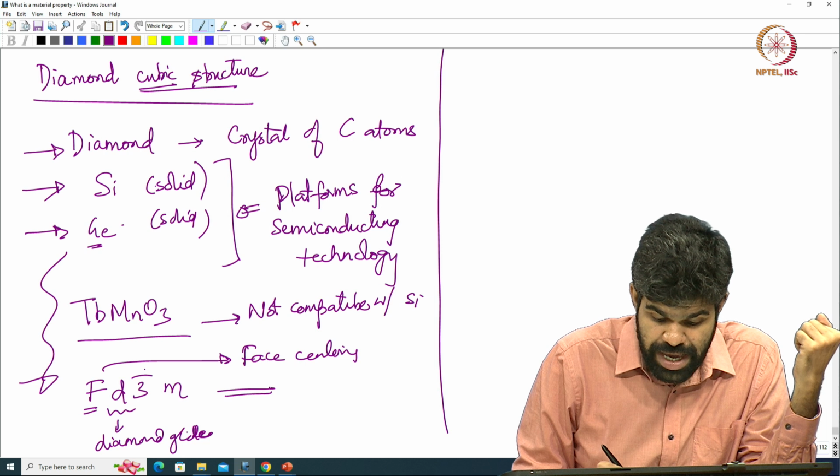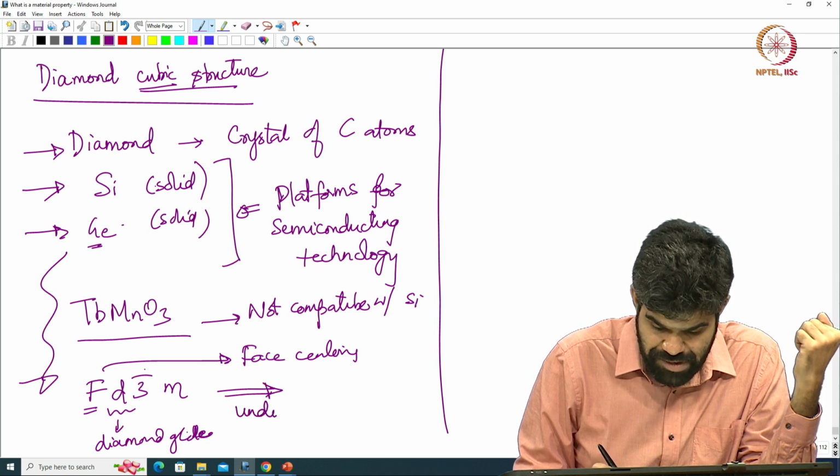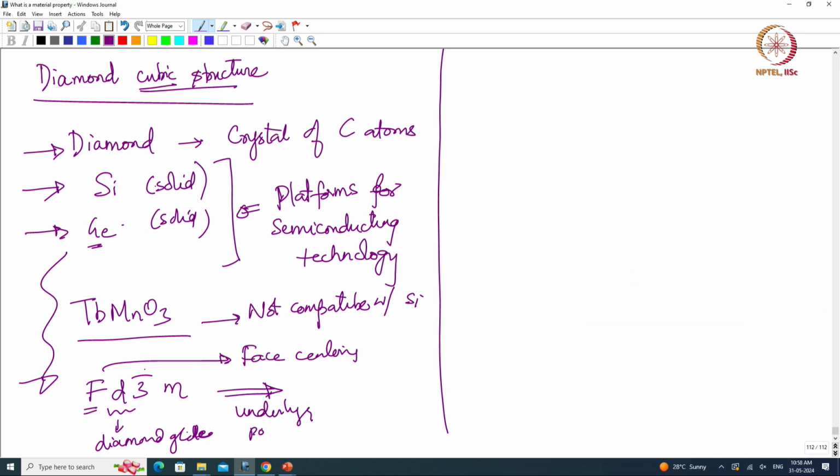And the underlying point group is m3̄m. This is the holohedral point group of a cubic material. So let us spend some time trying to understand these glides.